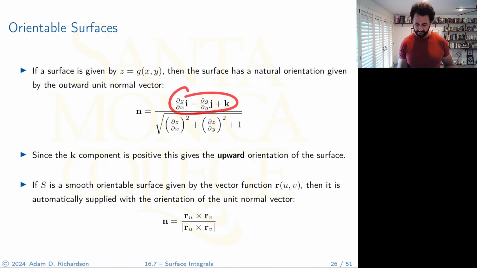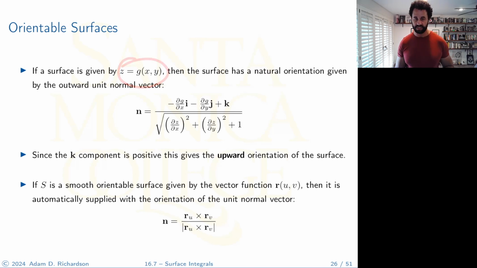So if you want to make this a unit vector, then you have to divide it by its length, and that's what the length is. So if you take this outward normal vector and you divide it by its length, you get an outward unit normal vector, and that's what we refer to when we write n. We're assuming it's a unit vector.